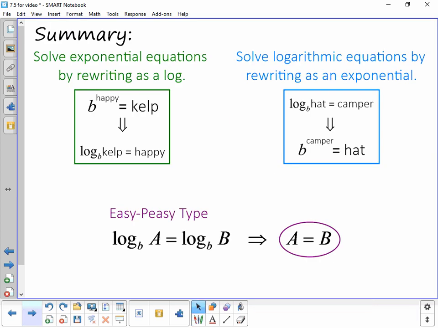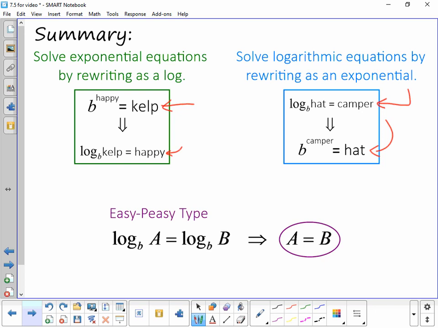All right, so we started with exponential equations that looked like this. To solve them, we turned them into logarithmic equations. Be careful when you're dealing with logs that don't have the base written. Remember, log is base 10, ln is base e. The next thing we did is dealt with logarithmic equations, and the way that we would solve those is to turn them into exponentials.